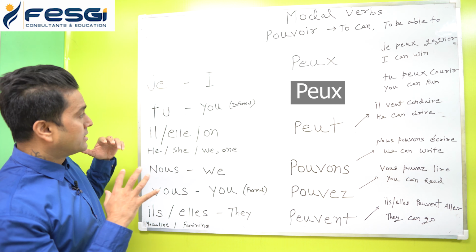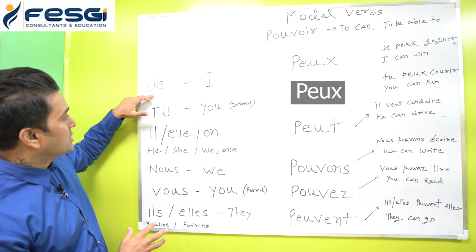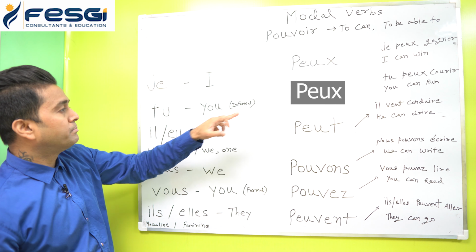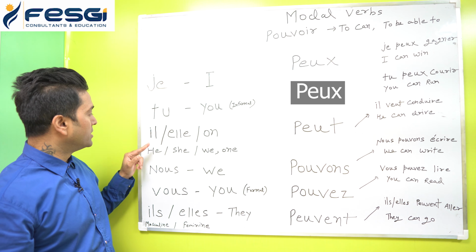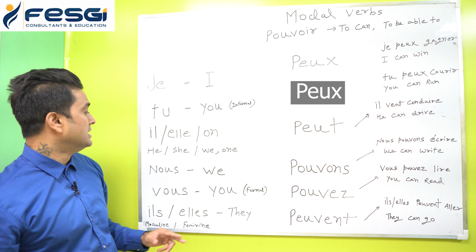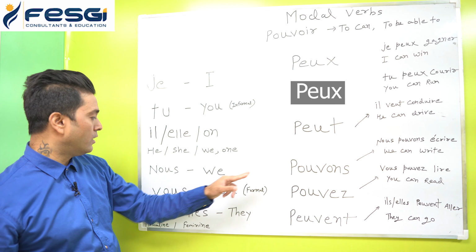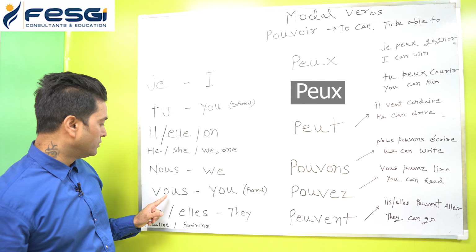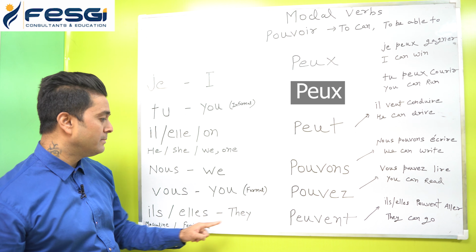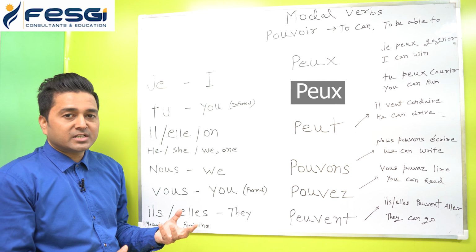So now read carefully. Je peux, tu peux, il peut, elle peut, on peut, nous pouvons, vous pouvez, ils peuvent, elles peuvent. So this is the conjugation.